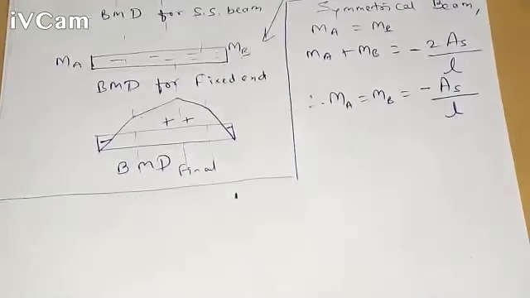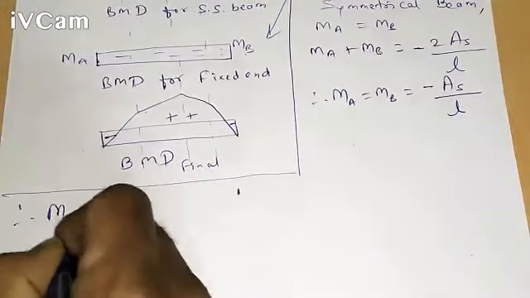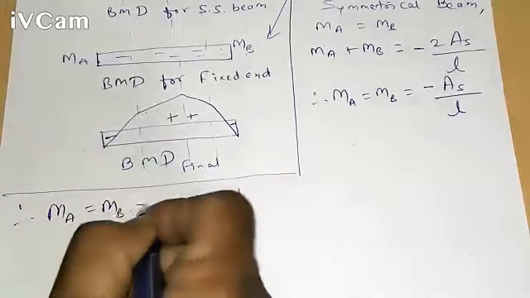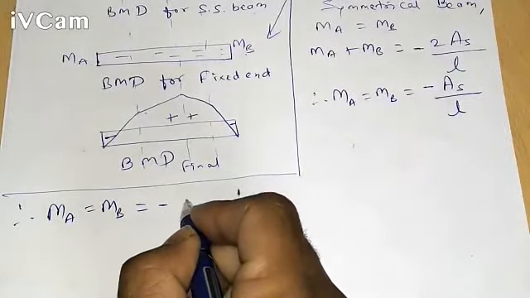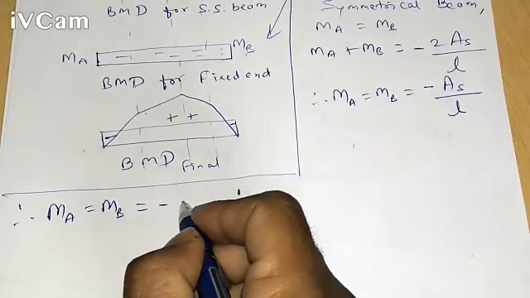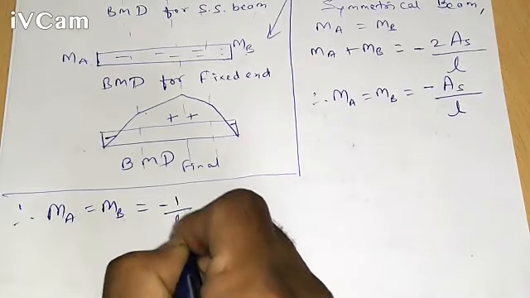So here the area needs to be calculated. Therefore we can write MA equals MB, and that is equal to minus 1 by L into this.